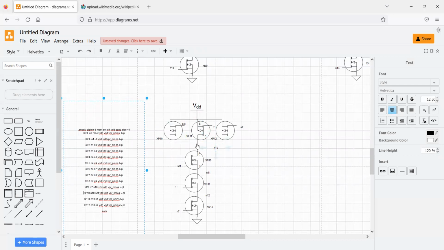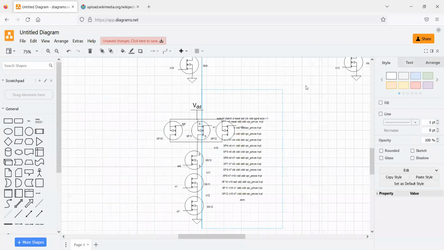Then XP11 goes from drain, so N10, N1, VDD. XP12 from N10, N7 goes to VDD.